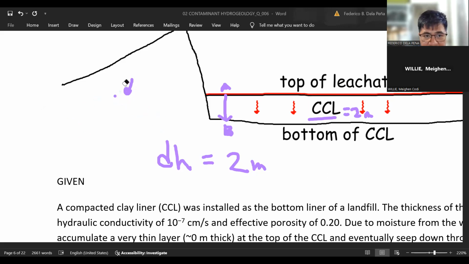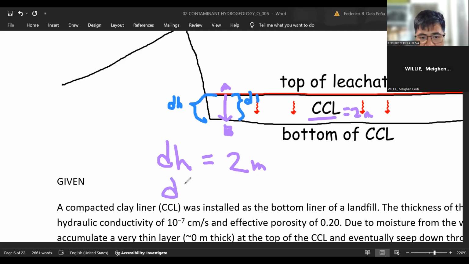Now, in the case of our exercise, this is your head loss, the vertical change in elevation. And incidentally, the straight line is also this one. We know that the straight line of the flow path is the same as the vertical line, and this distance is again 2 meters.